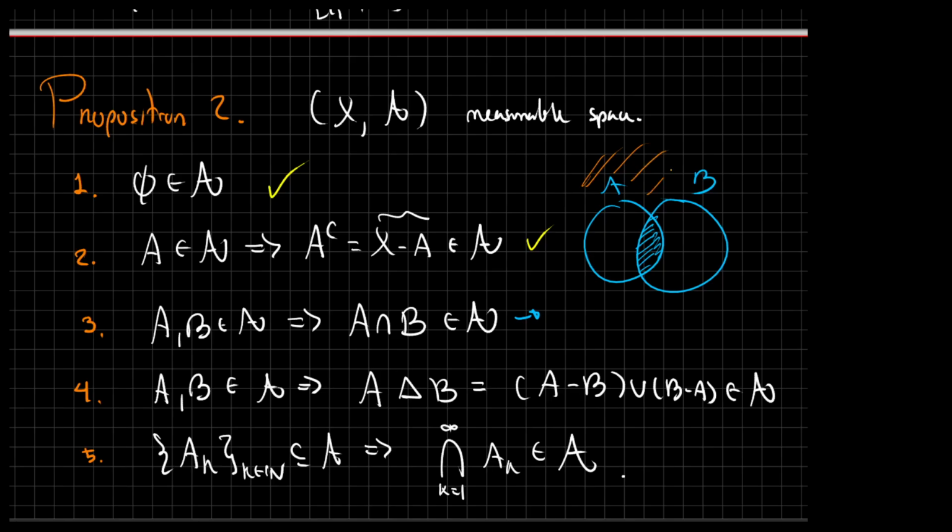You know that this is the complement of B, which is an element of the algebra. So what happens when you take the difference between A and this complement?